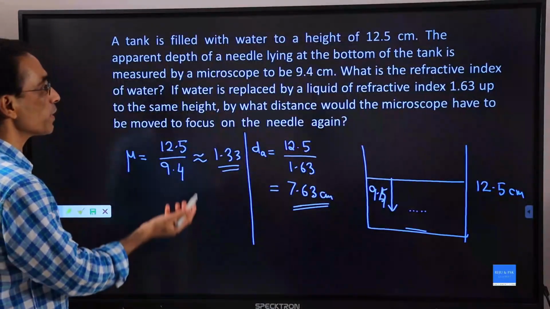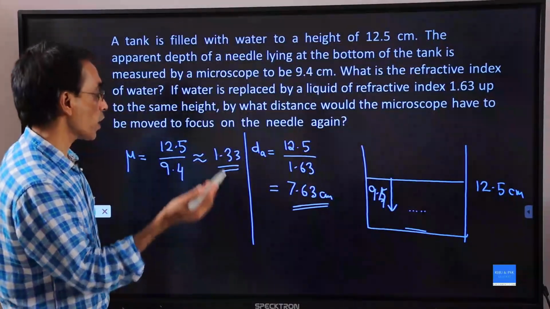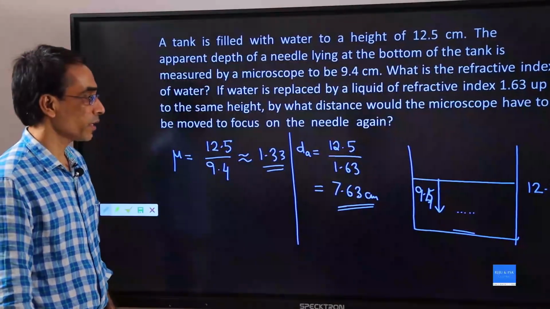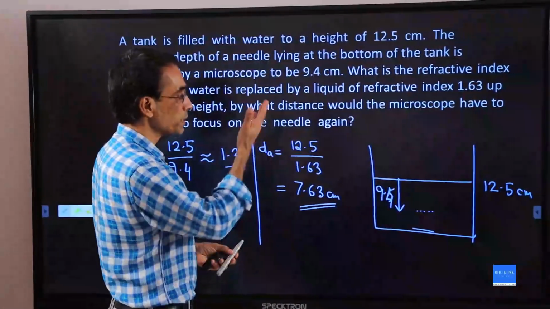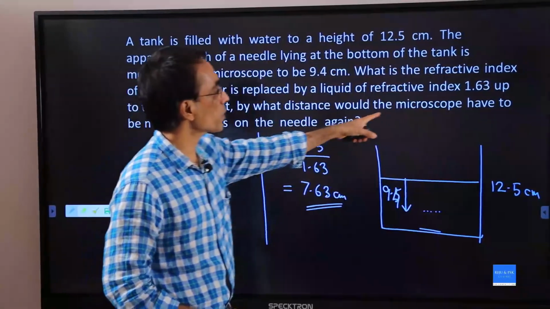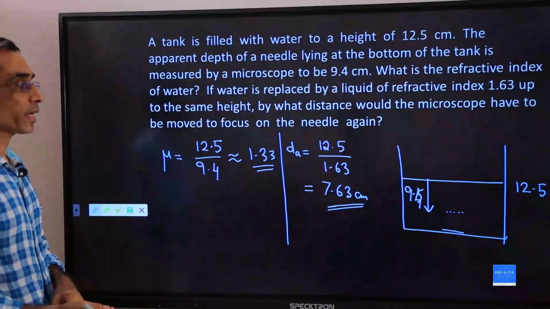Now see, initially it was seen as 9.4. Now this is seen as 7.63. Okay, so the microscope must be adjusted for this distance, and by what distance would the microscope have to be moved to focus on the needle again?